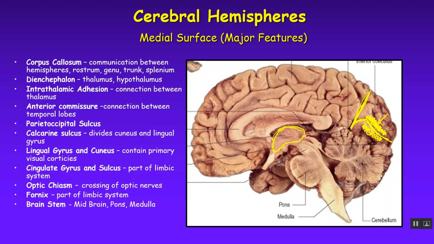That information is coming from the lower half of your left visual field. So don't worry about it. It's kind of weird how that happens. It's the opposite side, and it's typically a little different than what you would expect. So these are the areas where primary vision comes to, when it first makes it to the cerebral cortex.